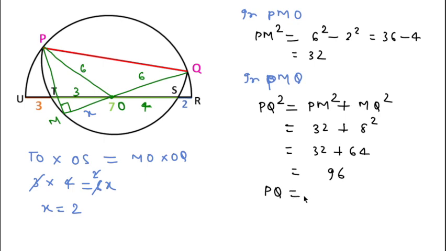So PQ equal to under root 96, which is equal to under root 16 into 6, which is equal to 4 root 6. This is the required answer for this question.